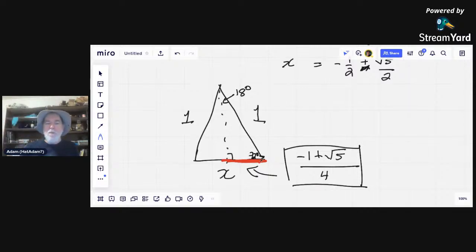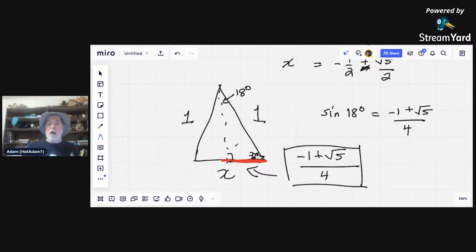So we've got 18 degrees here. That means the sine of 18 degrees is equal to this half x over 1, which is negative 1 plus square root of 5 over 4.